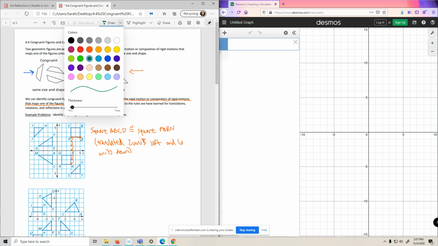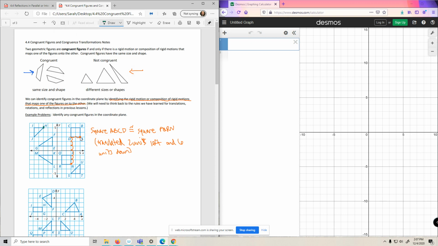Our rule for that: I'm going to pick the point H. A 180 degree counterclockwise rotation is (x, y) mapping to (negative x, negative y). So the coordinates of H are negative 4, 5. The coordinates of the point that would match up with that, S, are 4, negative 5.